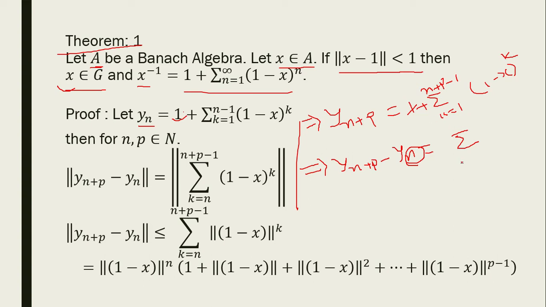So k equal to n to n plus p minus 1 of (1 minus X) raised to k.